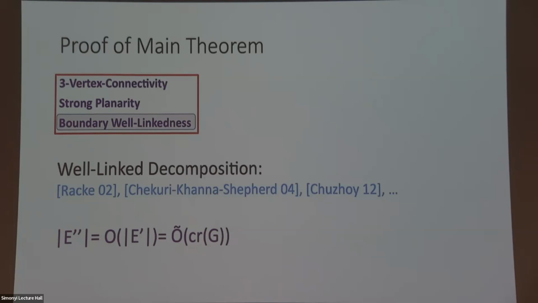So it's the notion of expander here. Basically the whole graph is well connected. And the boundary well-linked property shows that the boundary vertices are well linked inside the cluster. The cluster looks like an expander to them. It's not a global property, it's a local one with respect to them.